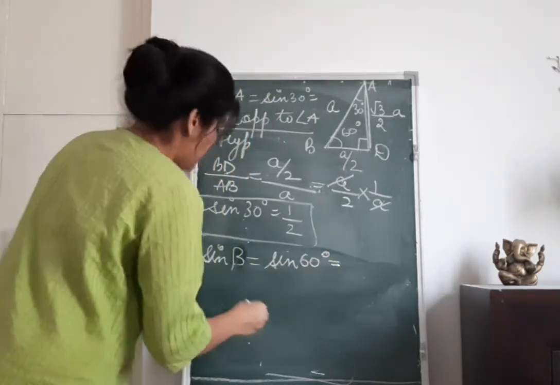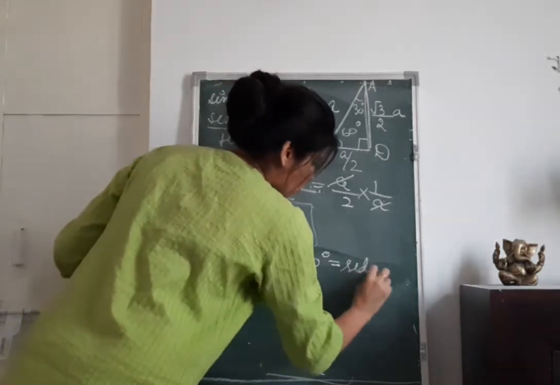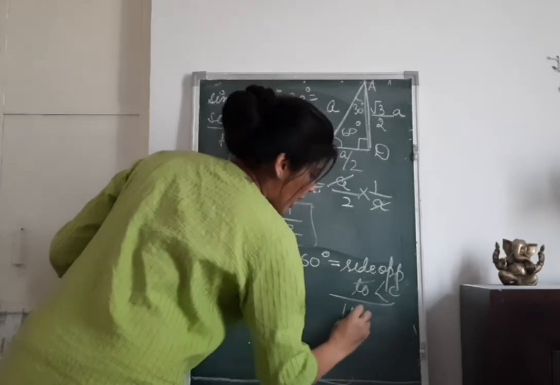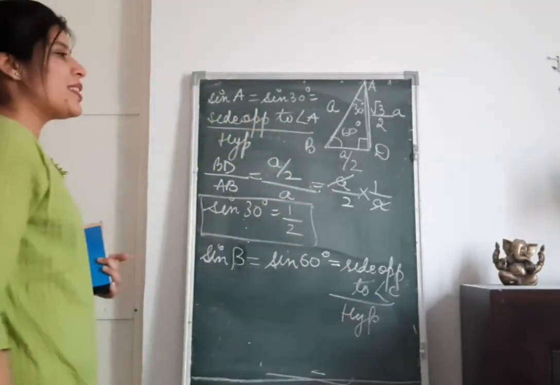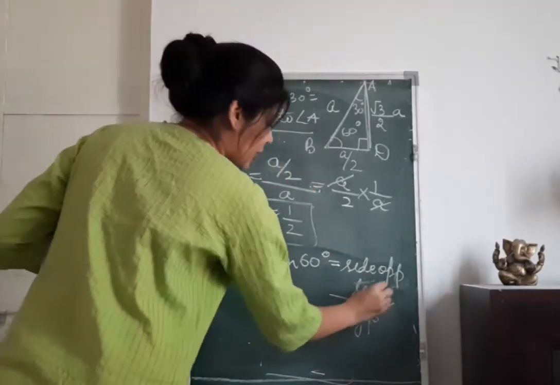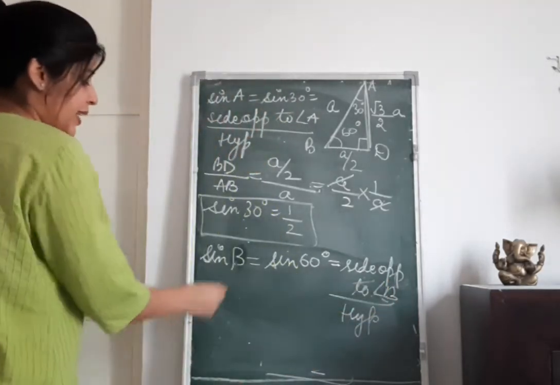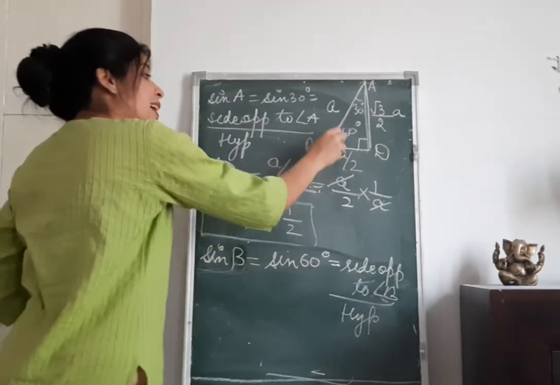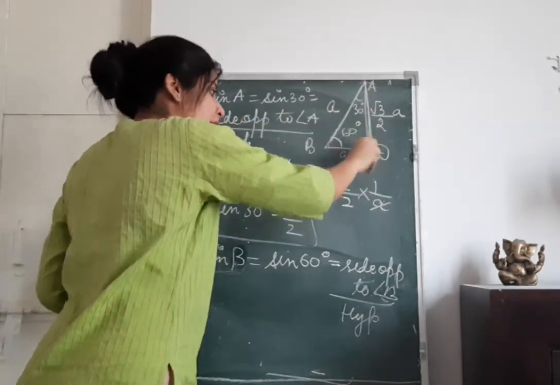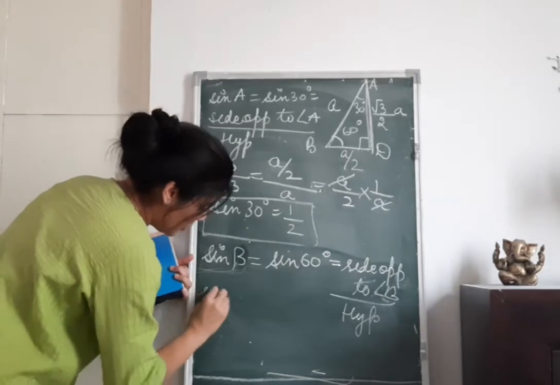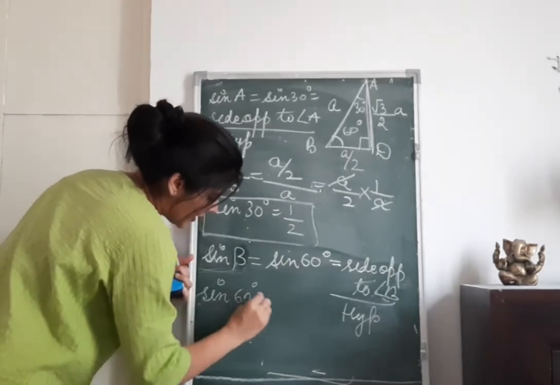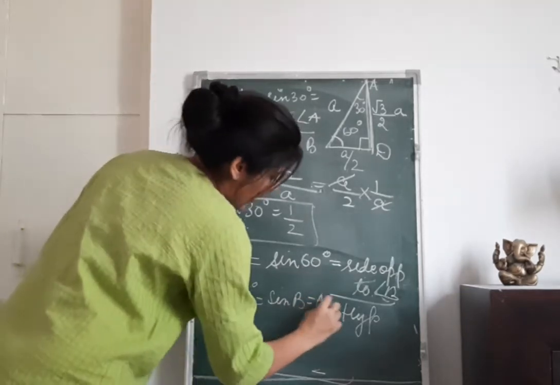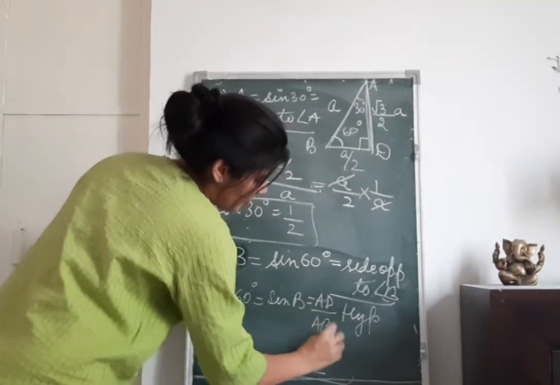That is side opposite to angle B, sorry, by mistake I have written angle C, upon hypotenuse. Which side is opposite to angle B? AD. Therefore, sine 60 degree or sine of B is going to be equal to AD over AB.